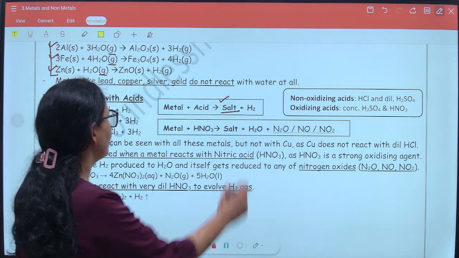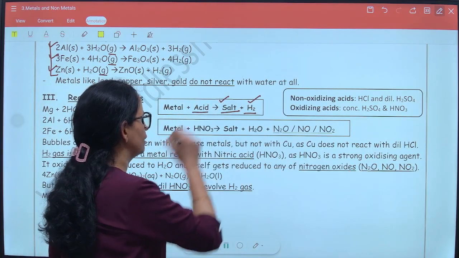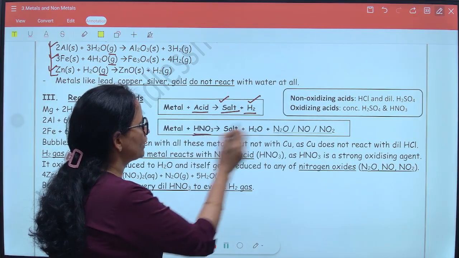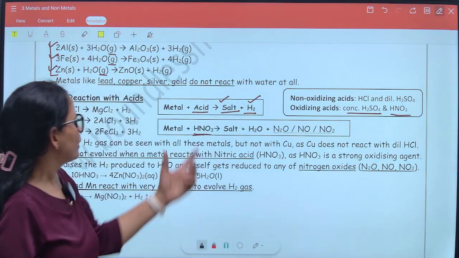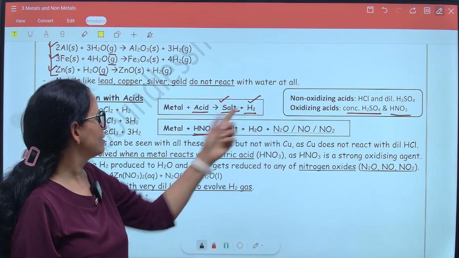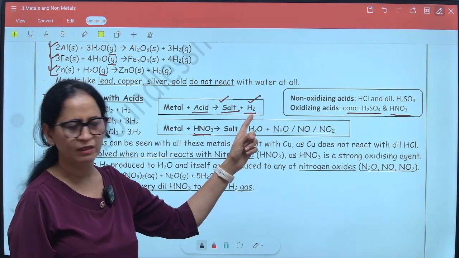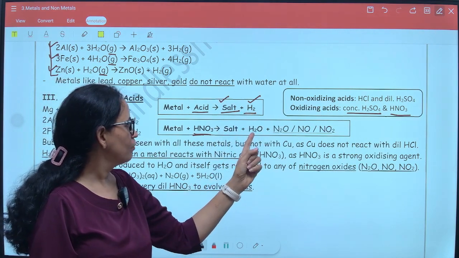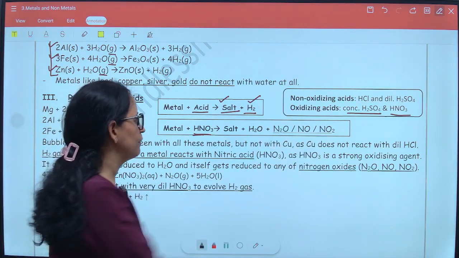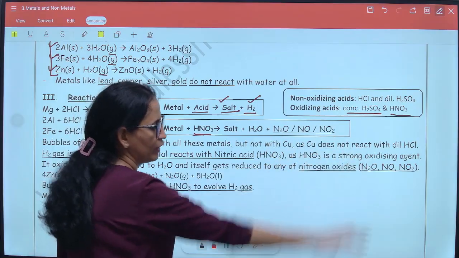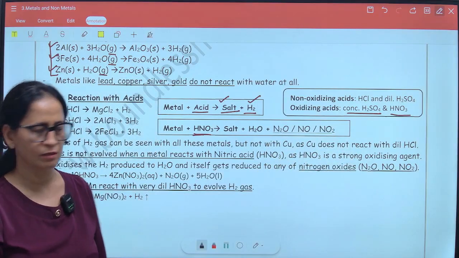Normally we have hydrogen gas being released with an acid, but what happens with concentrated HNO3 and concentrated H2SO4? Because they are oxidizing acids, they do not let hydrogen be released, they oxidize it to make water, and they also release nitrogen oxides, N2O, NO or NO2, any of these.